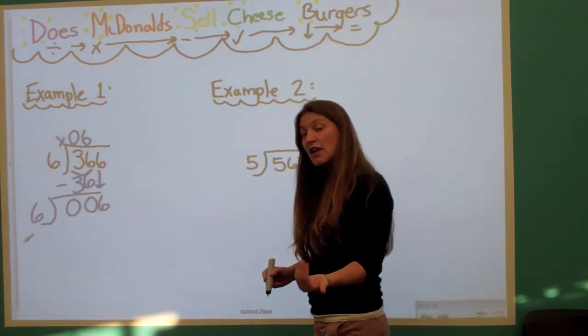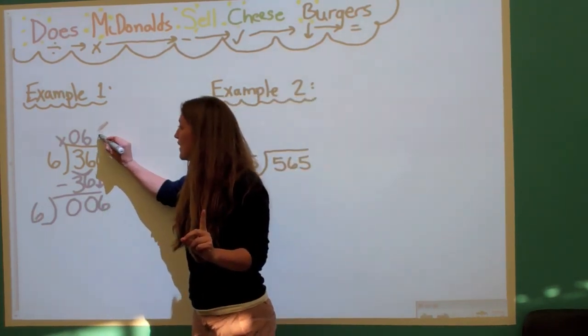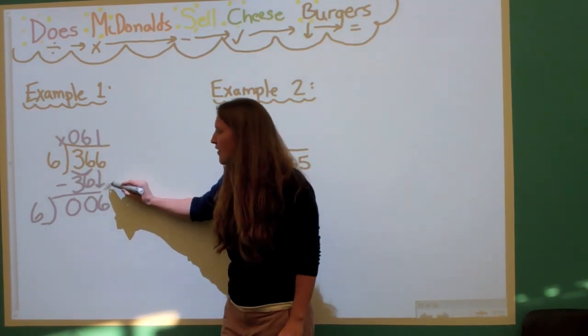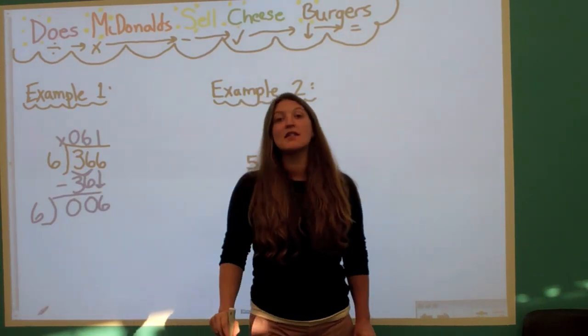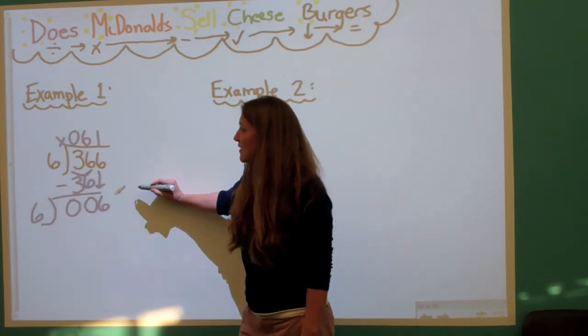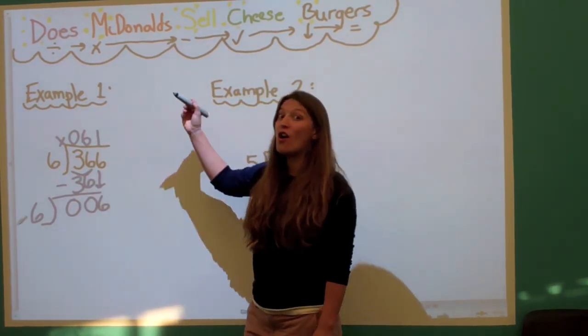And that answer is once. I can put 6 into 6 one time, and I'm going to put the answer on top of the roof right above that place value, because that was the place value that I just divided. So 6 goes into 6 one time. And now I start all over again.